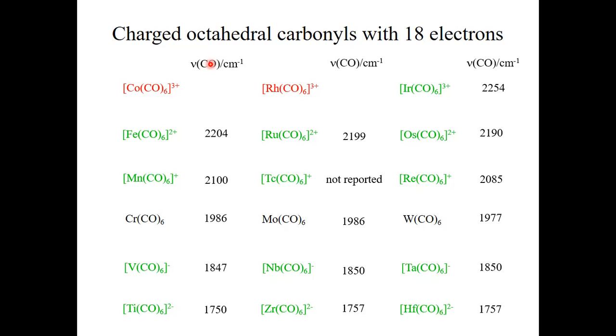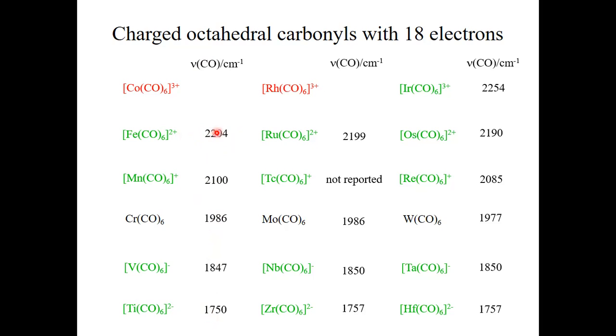And as we decrease the bond order between the carbon and the oxygen, we also decrease the wave number of the associated CO stretch vibration. So you see that the wave numbers of CO stretch vibrations continuously decrease as you go, for instance, from the iron hexacarbonyl to the titanium hexacarbonyl.